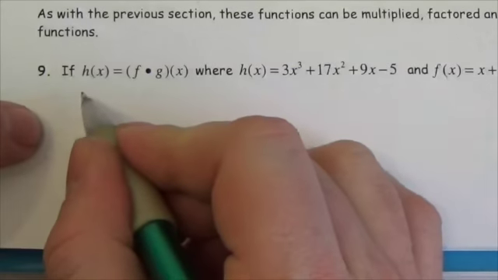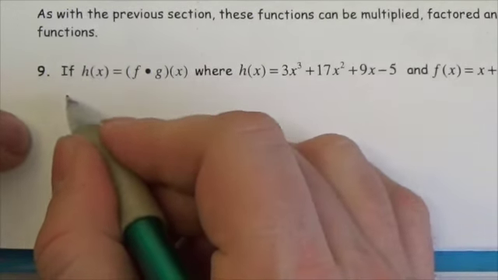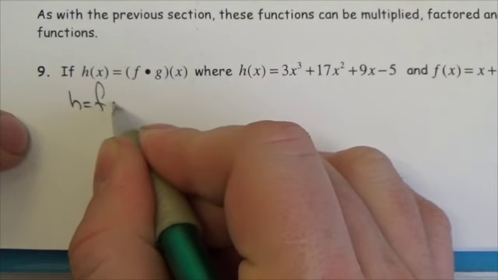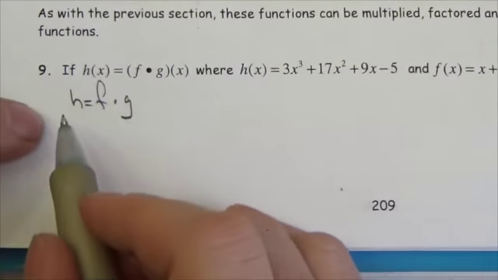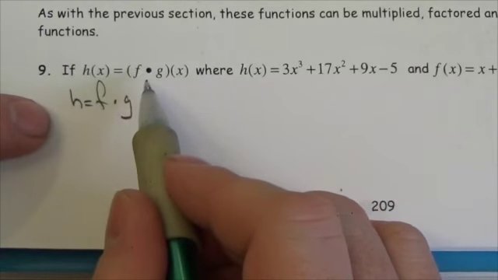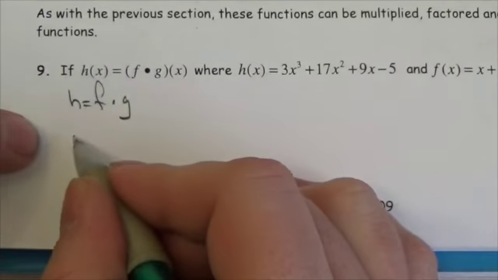If h of x is equal to f times g of x, where h of x is equal to 3x cubed plus 17x squared plus 9x minus 5, and f of x is x plus 5, what is g of x? All right, well, as before here, I can manipulate these expressions just the way I could if they were variables. So h is equal to f times g, that's what that's telling me, and I'm looking for g.